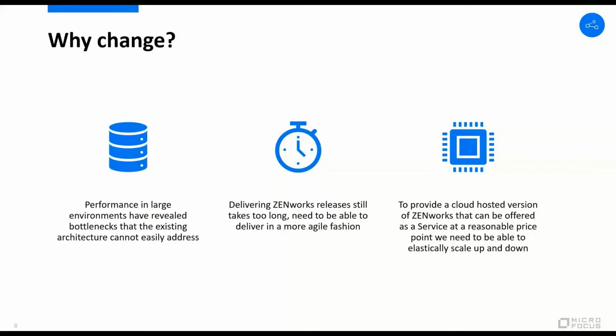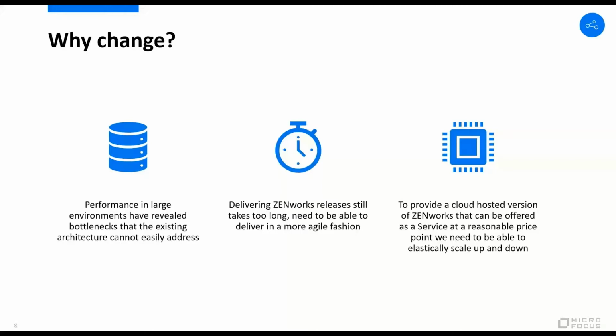There are 3 main reasons why we are doing this. One is that we have definitely seen a lot of performance issues in our large environments, which have some bottlenecks that really can't be addressed using our present architecture. Obviously, we believe that we can still further improve upon the release times of ZENworks releases.